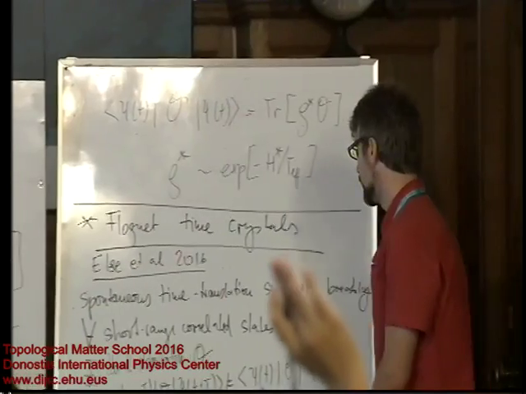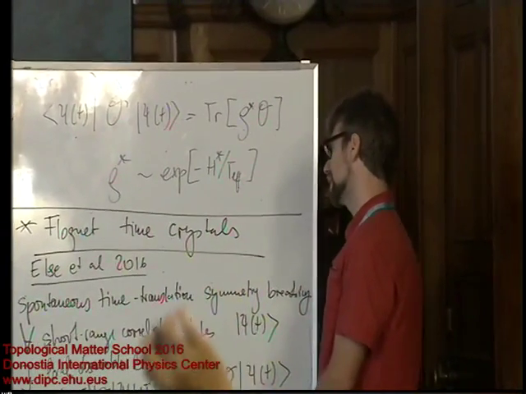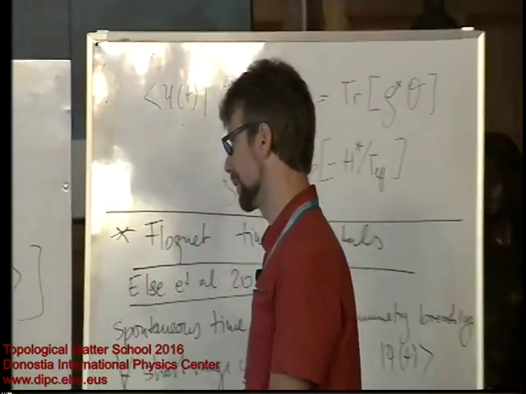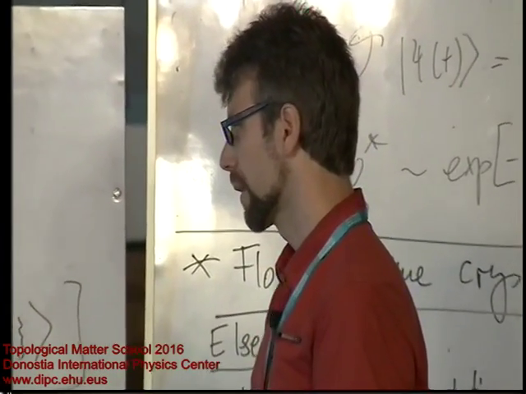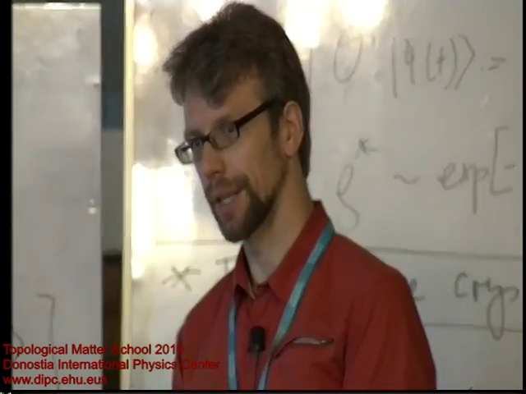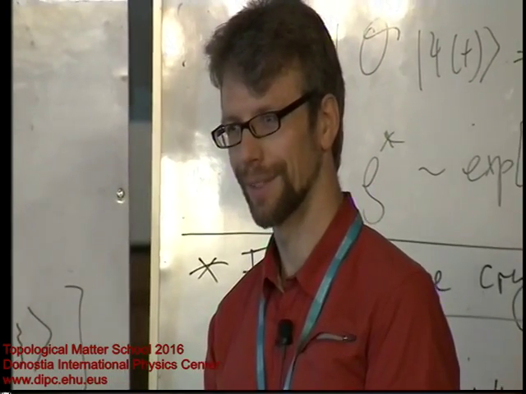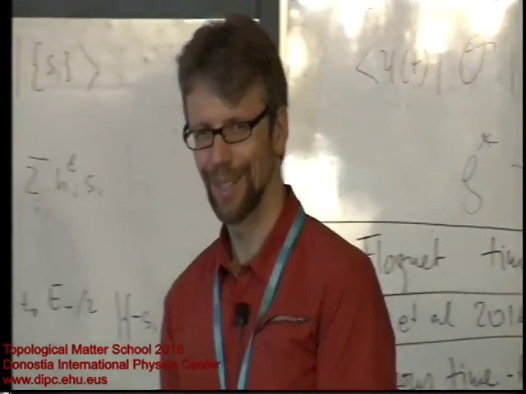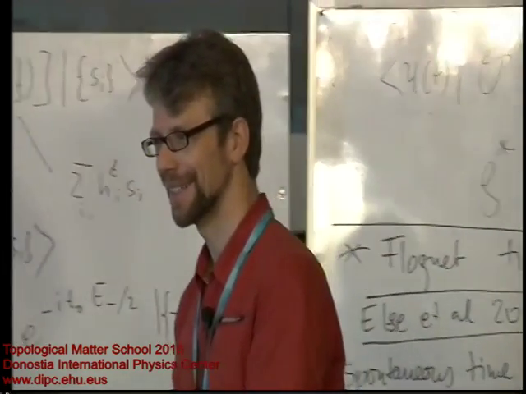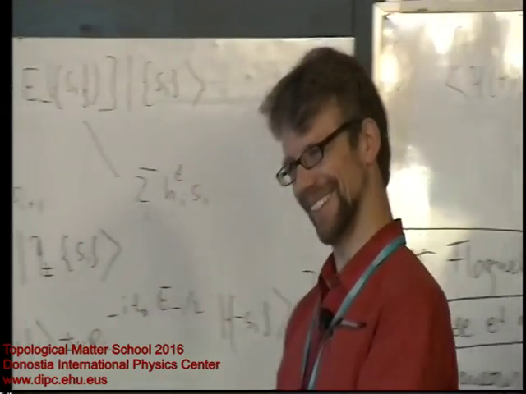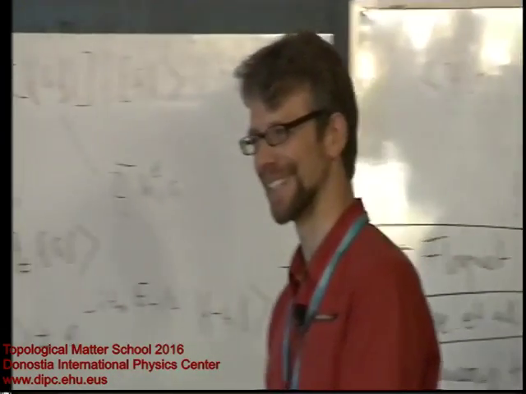Let's think about these eigenstates for a moment. Do you think that they are short-range correlated? Who thinks that they are short-range correlated? Why are they not? Okay. Why are they long-range correlated?